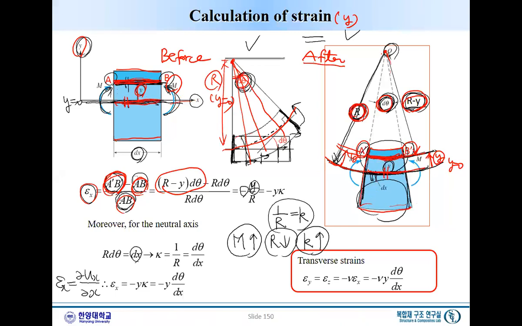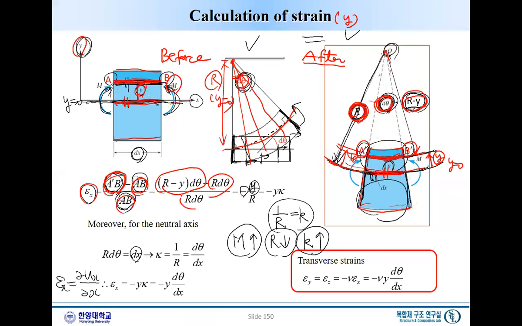So the radius here is R. Again, d theta is a common angle everywhere, so this is R times d theta. So before deformation, A prime B prime is AB, and AB is simply R times d theta. Okay, this is the most important observation.